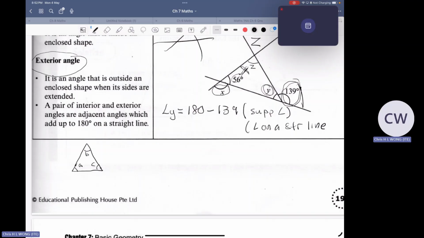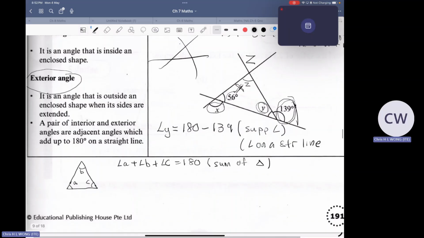Now, angle A plus angle B plus angle C is equal to 180 degrees. The reason is this is the sum of triangle. You don't need to spell triangle. Sum of triangle. All good so far?